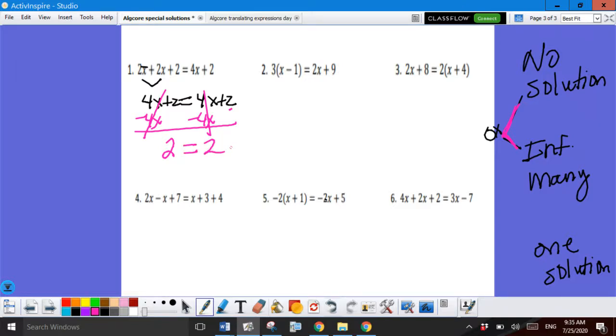Here is what we have to decide at this point: is that statement true or false? Does 2 equal 2? Yes, it does. So if it is true, that is infinitely many, or all real numbers, because every number is going to work.